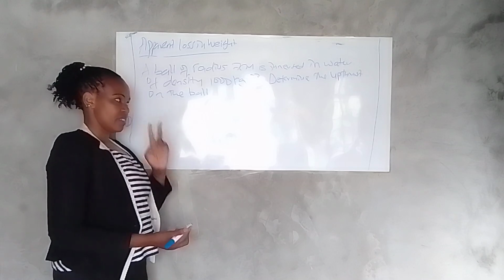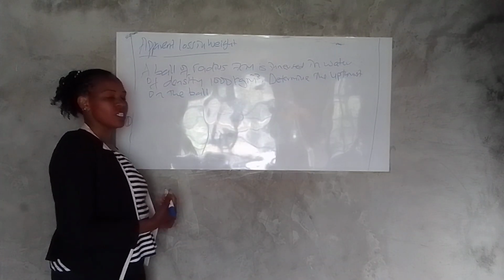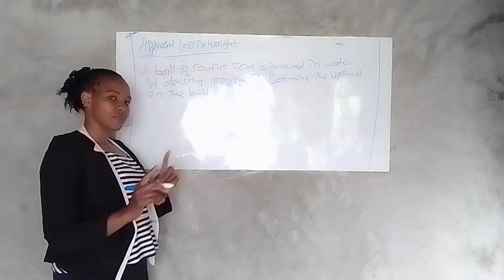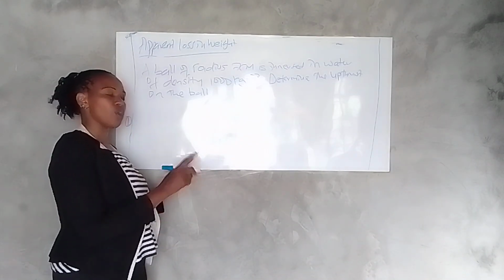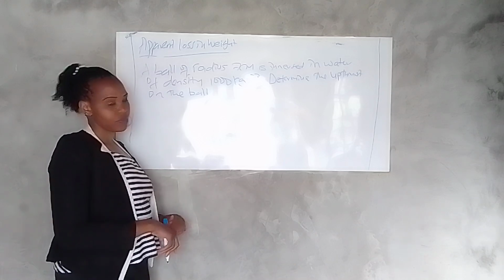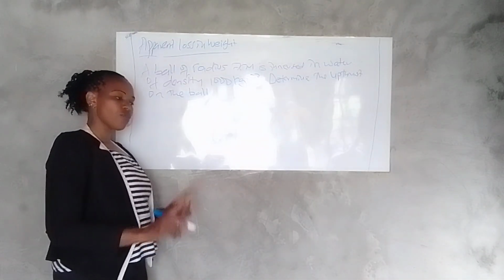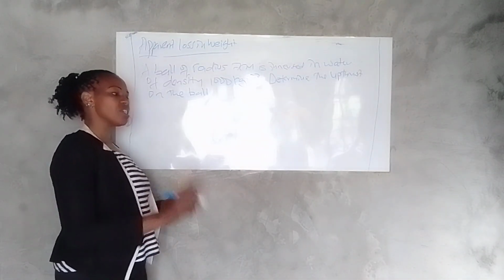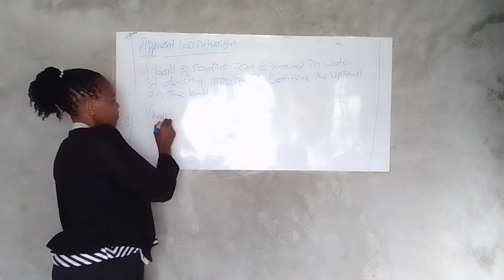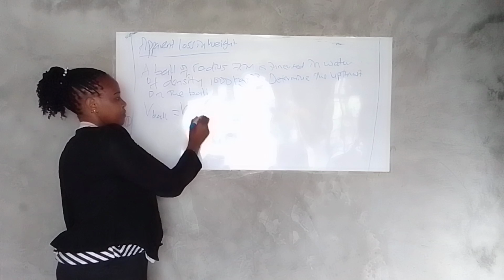The second thing we saw is that the volume of the displaced fluid, which in our case is water, must be equal to the volume of the object which is totally immersed in the fluid. So assuming our ball is totally immersed in our fluid, the volume of water it is going to displace should be equal to its own volume. So volume of ball equals volume of water displaced.